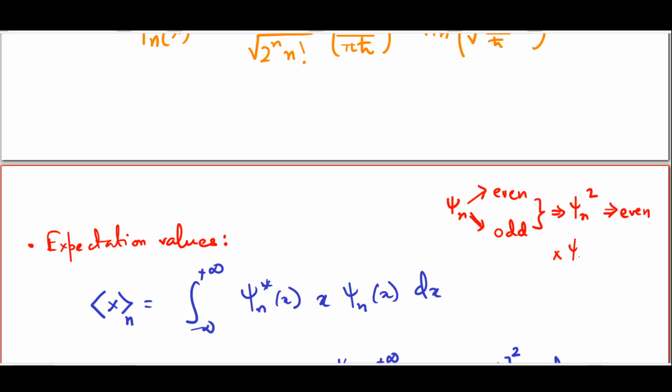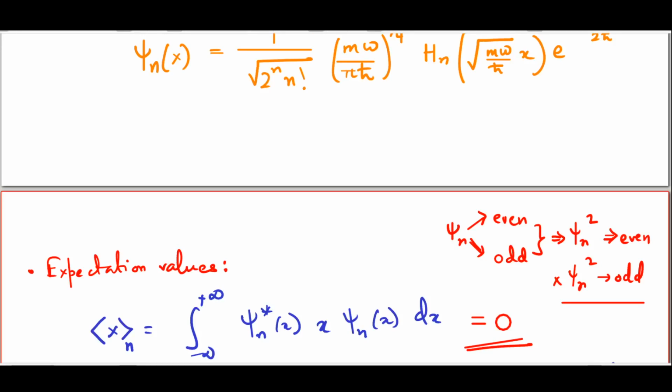So x times psi n square has to be an odd function, and the integral of an odd function from minus infinity to plus infinity, or from any limit minus a to plus a, must be 0. So we know even before we start doing the calculation that the expectation value of x must be 0.